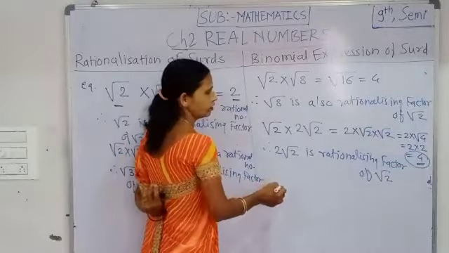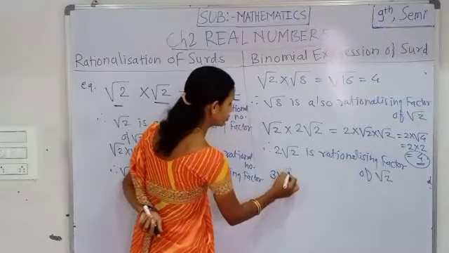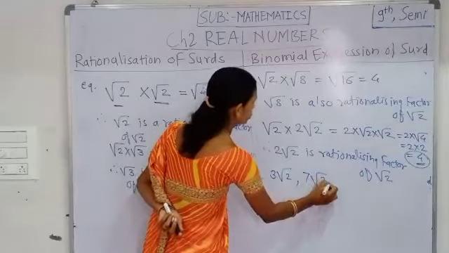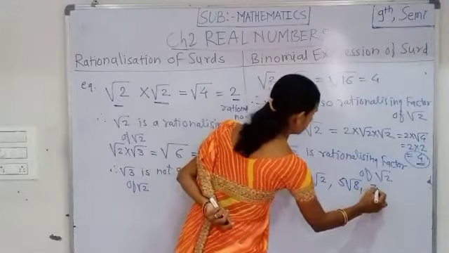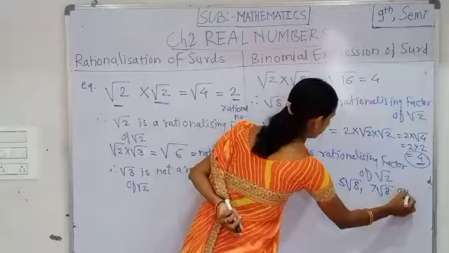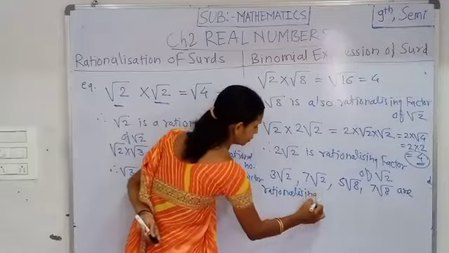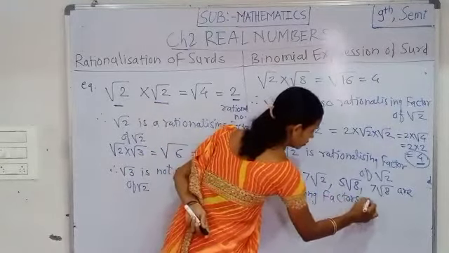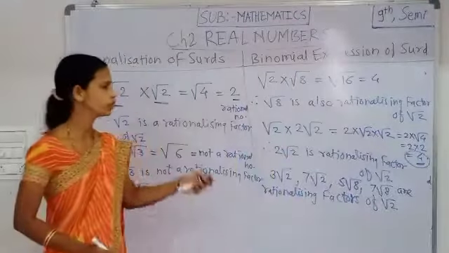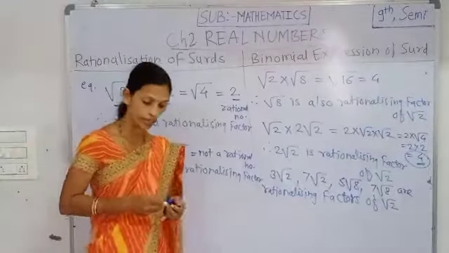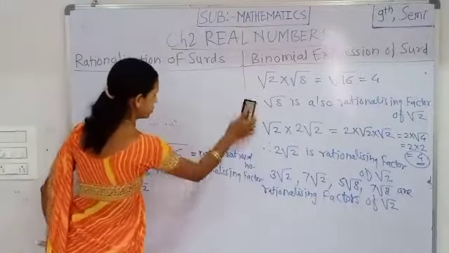Similarly, 3 root 2, 7 root 2, 5 root 8, 7 root 8 are also rationalizing factors of root 2. Those are a few examples of getting rationalizing factors of given surds.